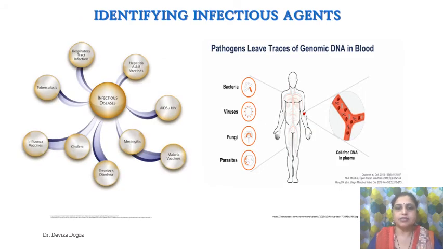Now here comes another important application of southern blotting, that is the diagnosis of disease or the identification of the infectious agents. In order to supplement the conventional methods available for the diagnosis, DNA diagnosis of different diseases have played a very important role.